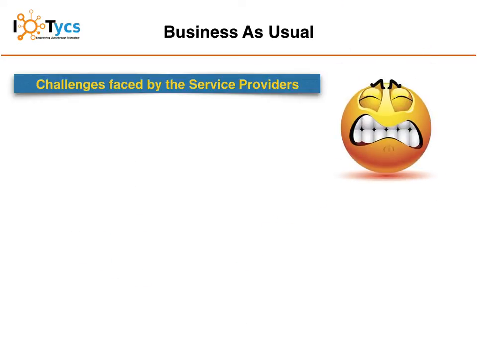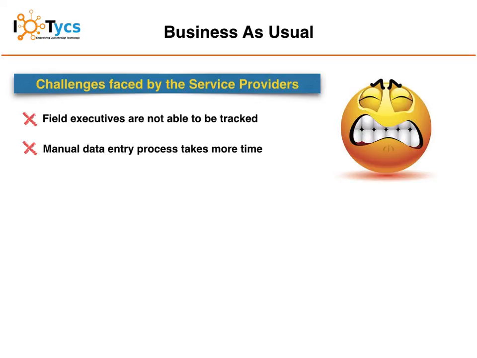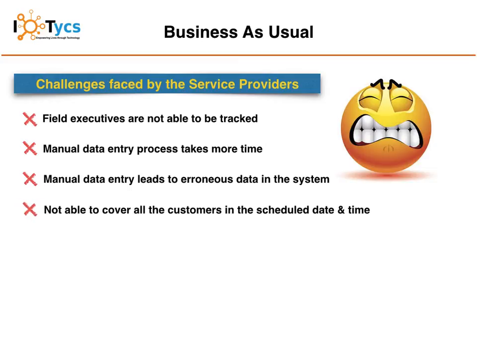So let's see what challenges are being faced in the current process by the service providers. Number one, field executives are not able to be tracked. Two, the manual data entry process takes more time. Three, and very importantly, manual data entry leads to erroneous data in the system. Four, not able to cover all the customers in the scheduled date and time.